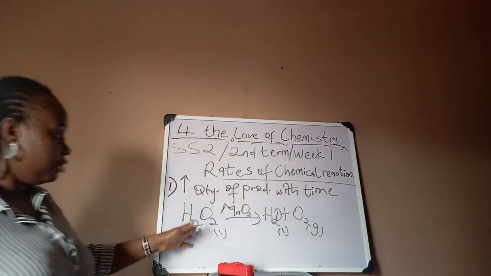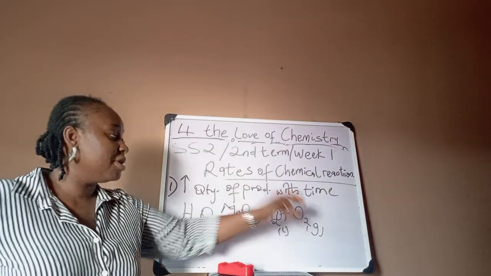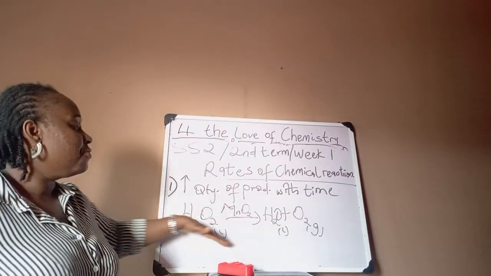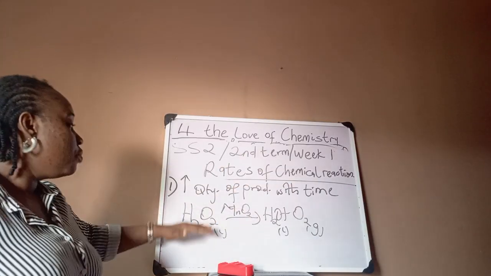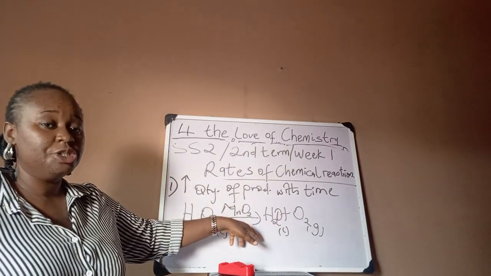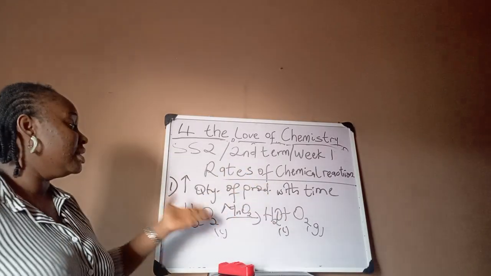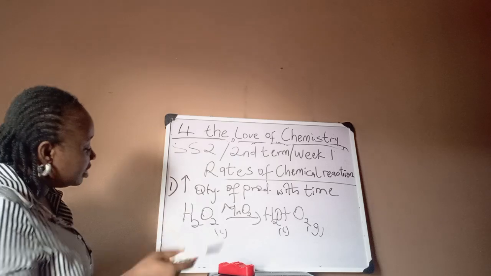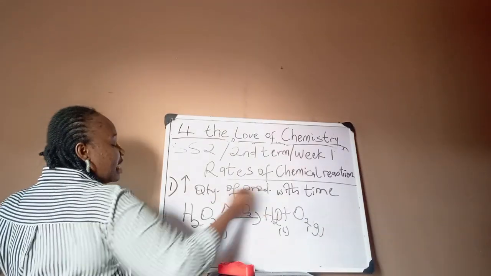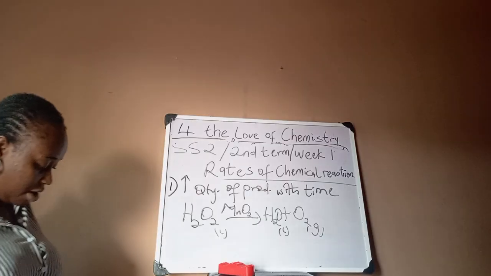Let's look at this reaction. You have a liquid here, you have a liquid here, you have a gas here. Now, if we want to measure the rate of this reaction, we can simply measure the volume of the oxygen evolved during this reaction. With that, we can check the rate of the reaction by simply measuring the rate of the product, because it is as this decomposes that we get this. So when we measure this, we are able to get the rate of this reaction very quickly.